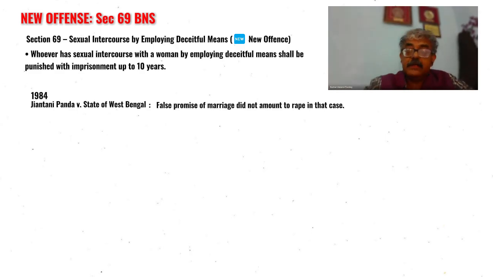Though in that particular case, Jayanti Rani Panda versus State of West Bengal, the Calcutta High Court had ruled that in the peculiar facts and circumstances of the case, the accused would not be liable for the offense of rape.